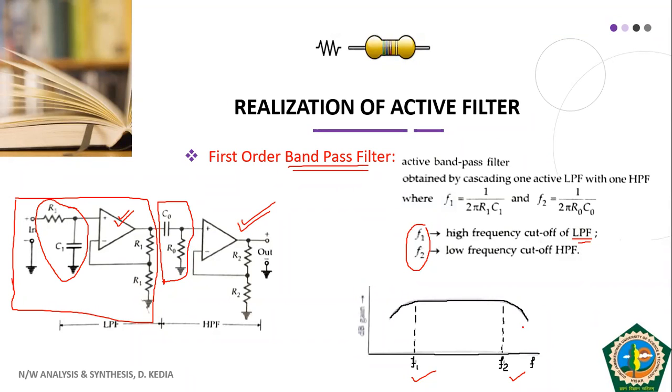We already know the cutoff frequencies. So if you cascade a low pass filter and a high pass filter and ensure the condition for the two cutoff frequencies, we will be able to get the first order band pass filter.